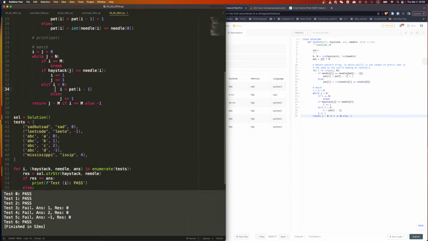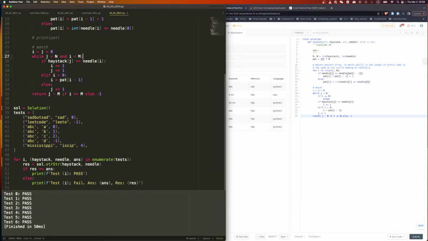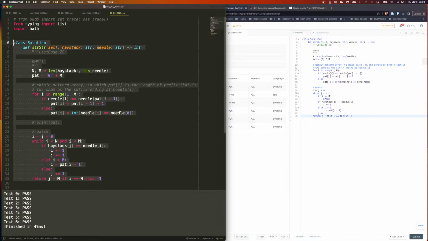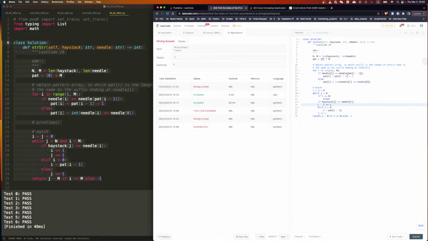Elif I is larger than this, and else is j plus equal 1. There we go. Okay. Come on. I'm going to say while this and I is smaller than m. Okay, we can do this. Then we can save a line. Okay. Try it again.